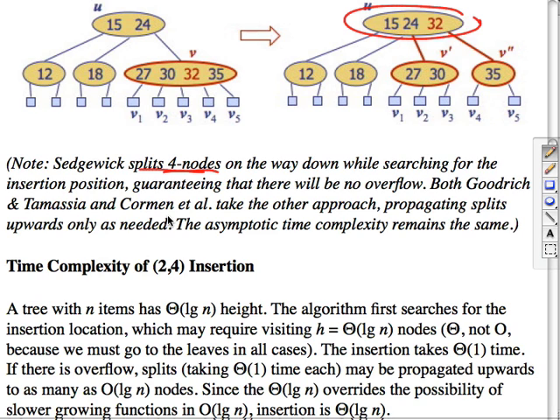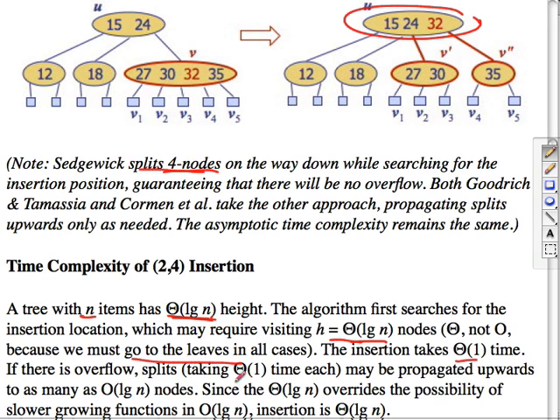But what about the complexity? Well, we already established that a tree with n items has theta of log n height. So the algorithm first searches for the insertion location. That requires going down to the leaf, so we're going to say it's theta of log n. The insertion is theta of 1 time, but then there's the overflow.